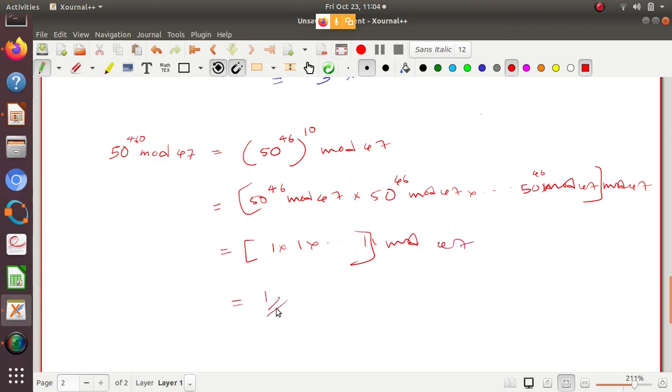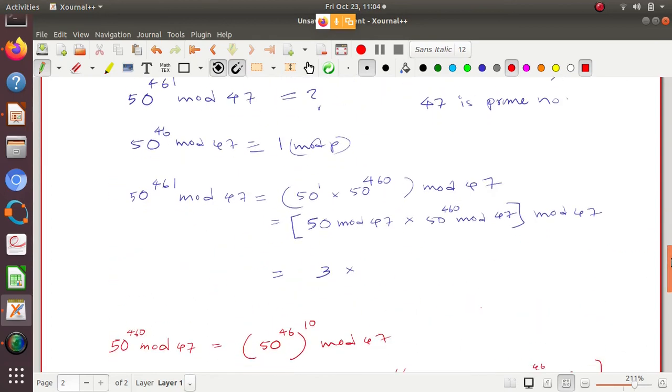So we substitute that value here. Then 3 into 1 mod 47 is equal to 3, so the value is 3.